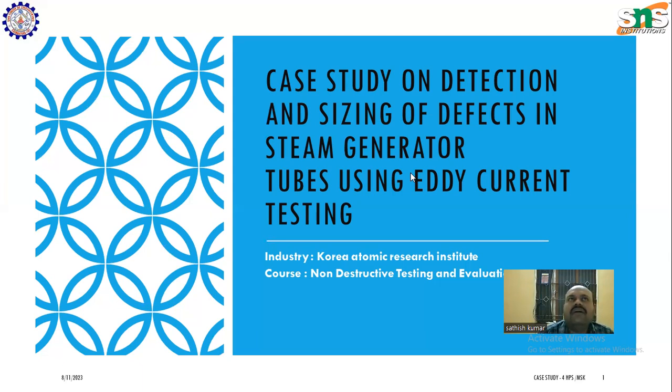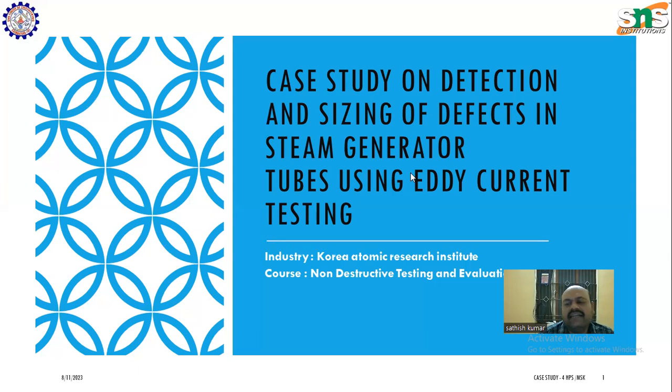You have all learned in the higher secondary classes about electromagnetic induction. Faraday's law of electromagnetic induction states that when a metal piece is suspended between two strong magnetic fields, the metal piece starts generating electromotive force, and that electromotive force is nothing but eddy current.